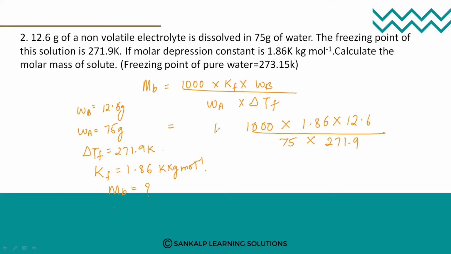By this you can calculate the MB. So just see how much you are getting. 1000 into 1.86 into 12.6, divided by 75 into 271.9.